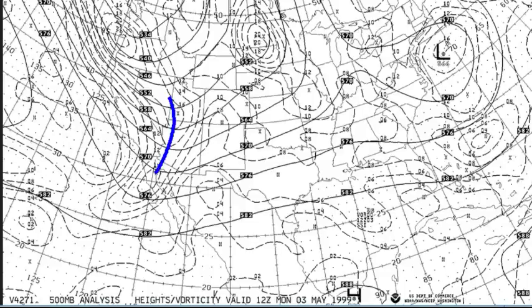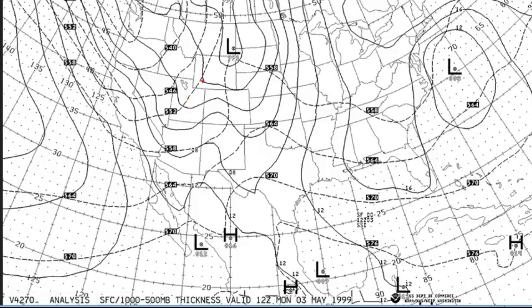You can see the main wave back in this area, and that probably supports that front right there in the Four Corners area. So the front is probably lagging the shortwave a little bit, and we've probably got a warm front in here somewhere. It's going to be very hard to place because 1,000 through 500 millibars is a very deep layer.